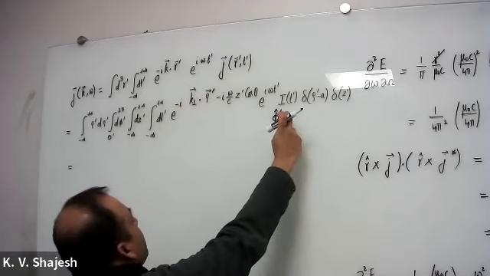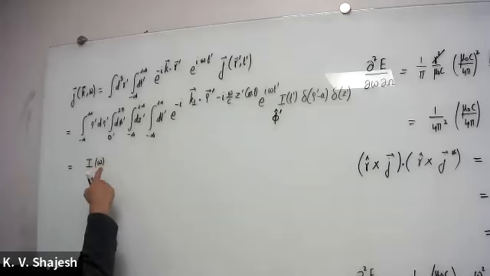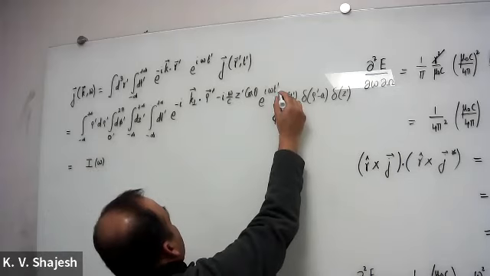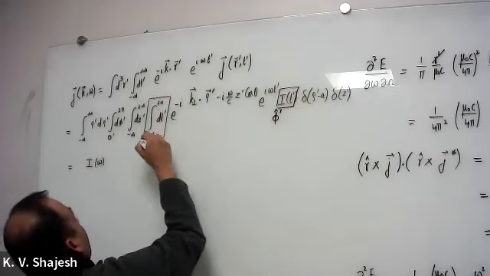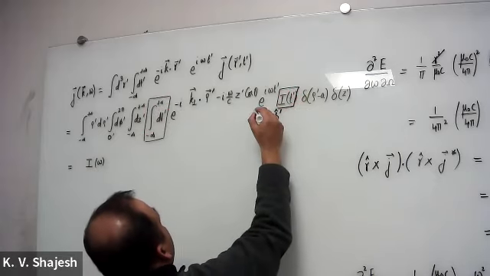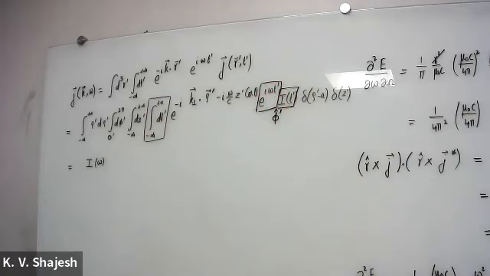The T prime integral just gives me I of omega. So I of omega comes out. That's a Fourier transform of I, this boxed quantity, and this integral, and my omega t. So three boxed quantities can be separated out immediately.